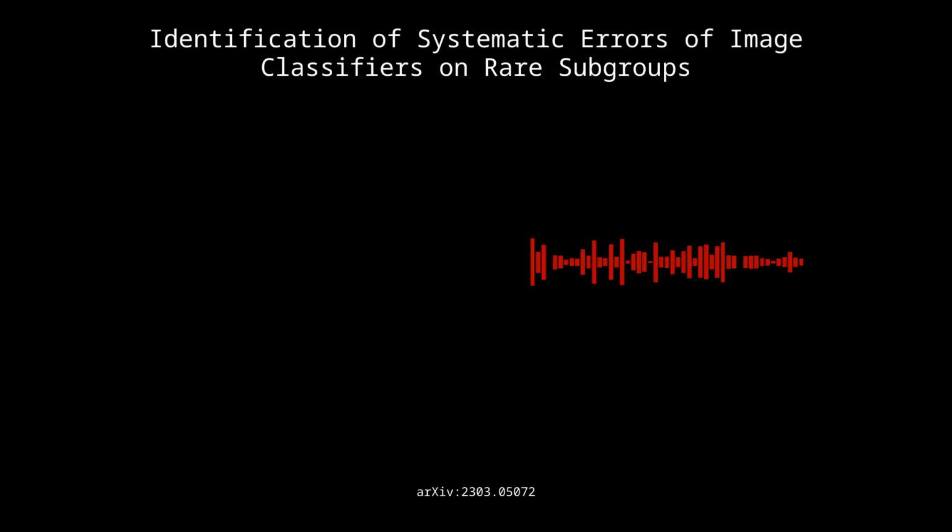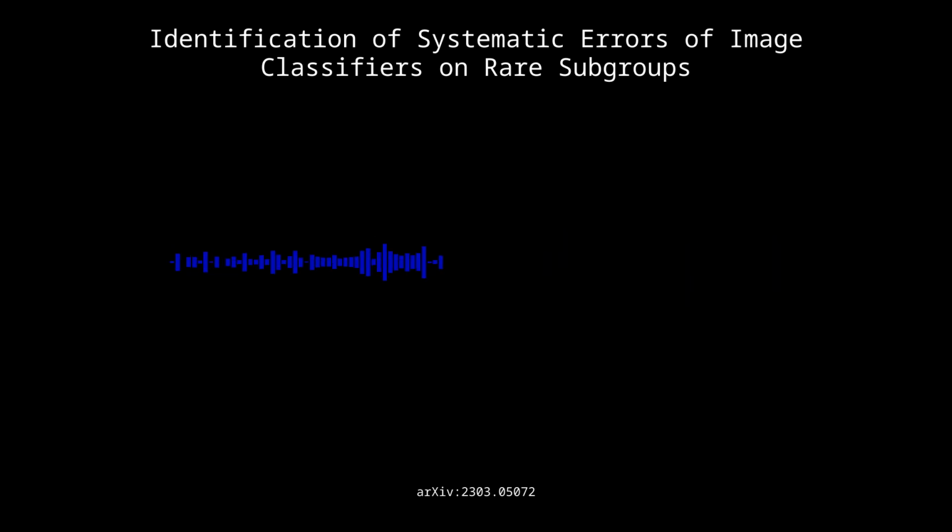Exactly. And what's great is that it lets them explore so many more potential errors than they could with just real-world data. Just imagine trying to collect real-world images for every possible combination of a car's color and type and the background and the weather. And the lighting. I think it would be a nightmare.